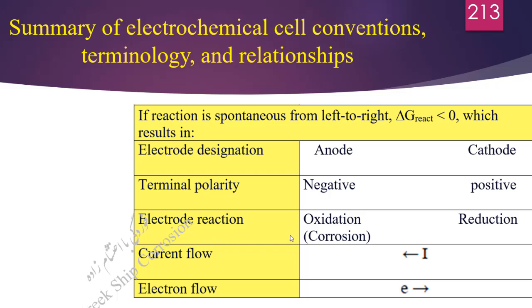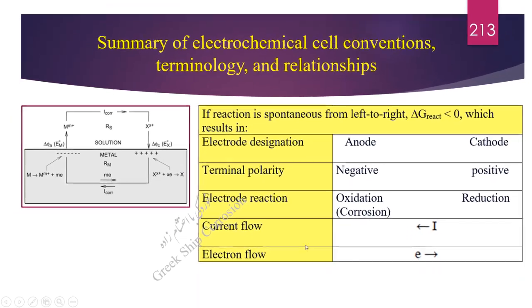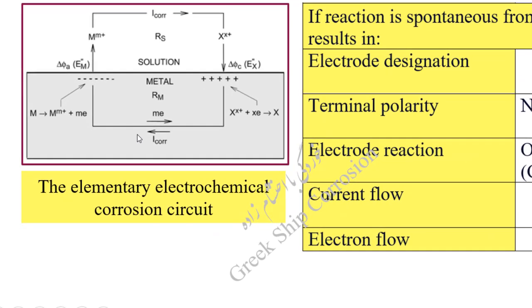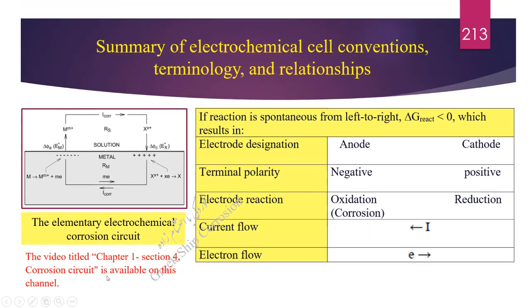Electrode reaction: oxidation occurs on anode, reduction occurs on cathode. Current flow I, electron flow e. In the elementary electrochemical corrosion circuit, current flow and electron flow are shown. The video titled Chapter 1 Section 4 Corrosion Circuit is available on this channel.